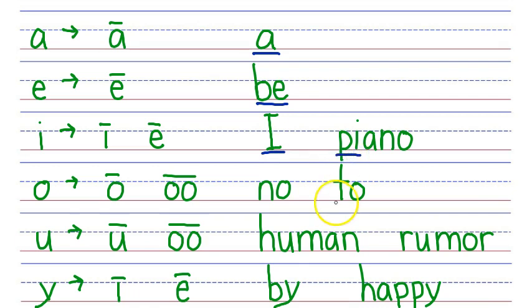The pi in piano is an open syllable in a three-syllable word. No is an open syllable in a one-syllable word, and to is an open syllable in a one-syllable word. The hu in human is an open syllable in a two-syllable word, and the ru in rumor is an open syllable in a two-syllable word.